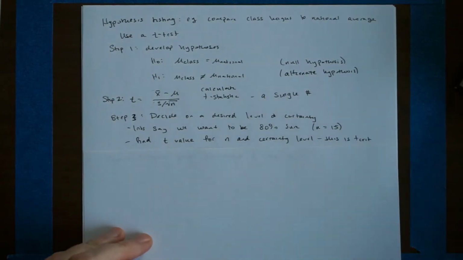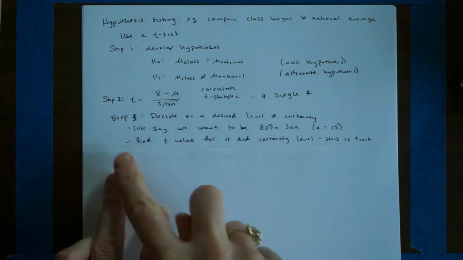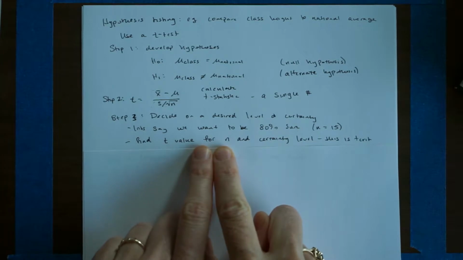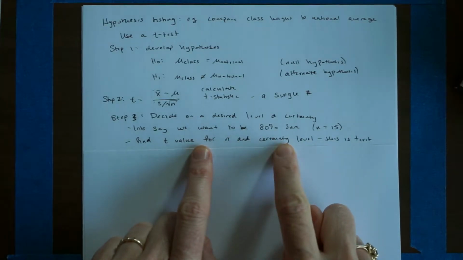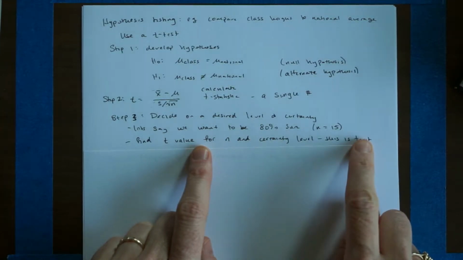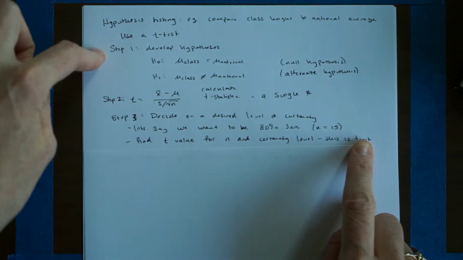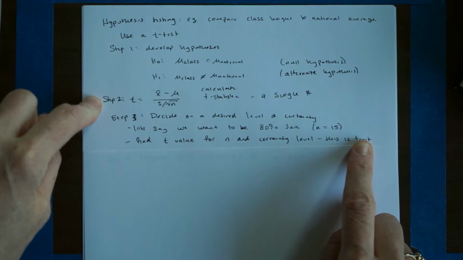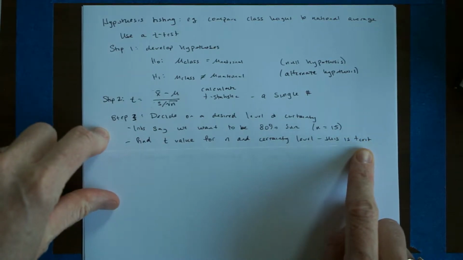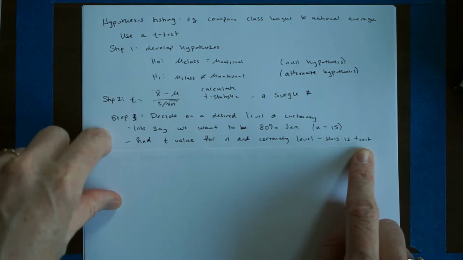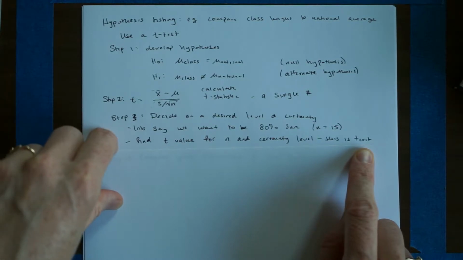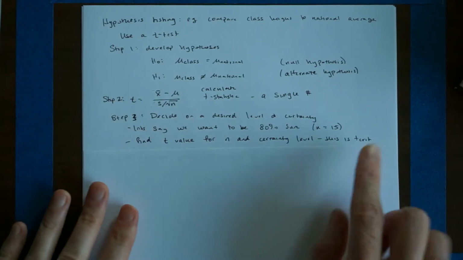So when we find that number in the table, we find the t-value for the degrees of freedom we have and the certainty level that we want, and then that becomes our t-crit. So that's steps 1 through 3. We've developed hypotheses, calculated the statistic for our data, looked up what the expected variability for that number of observations would be based on the table of t-values.